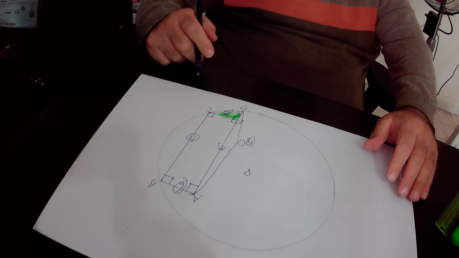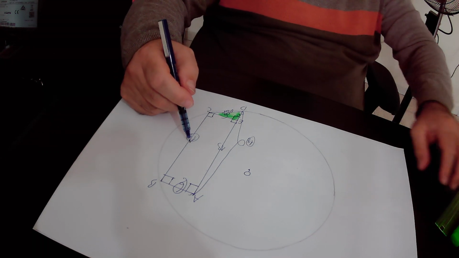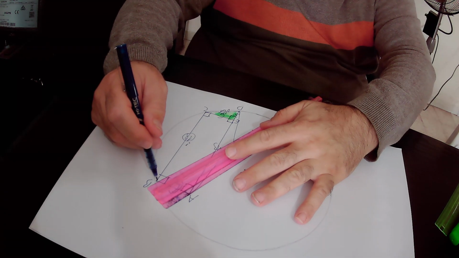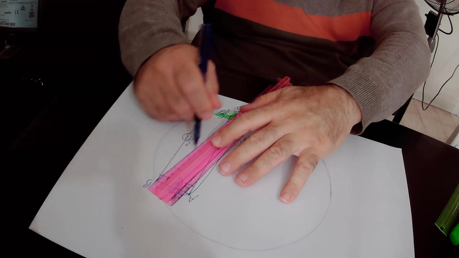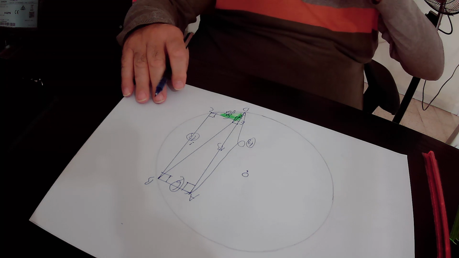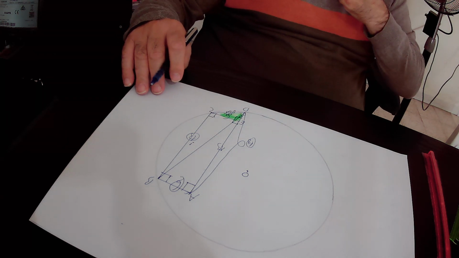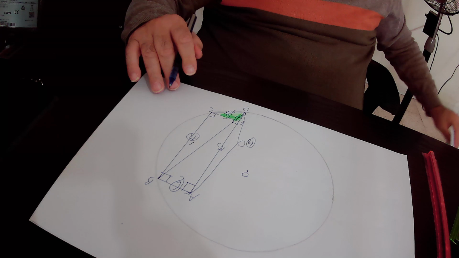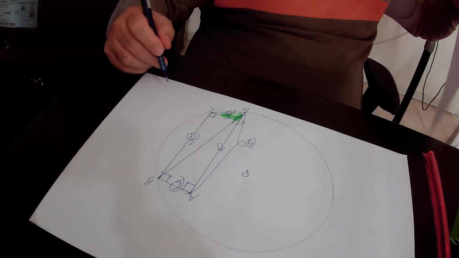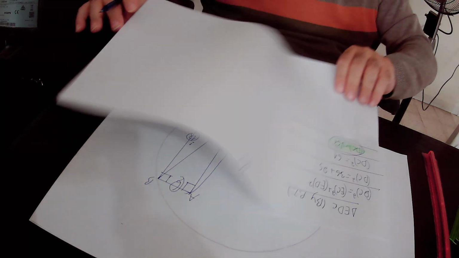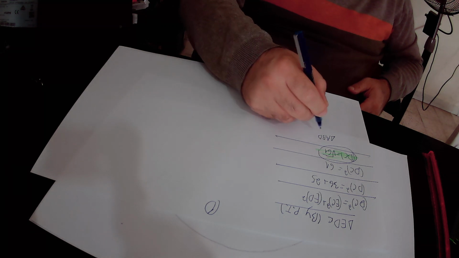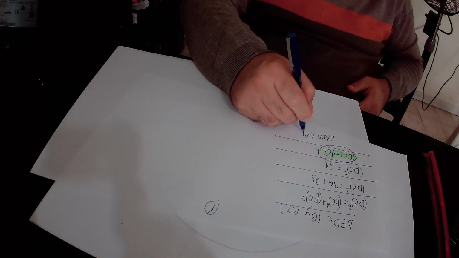In the next step, we join points B and D together by a straight line. By joining points B and D, we created the right triangle ABD. In the right triangle ABD, we implement the Pythagoras theorem. PT is an abbreviation for Pythagoras theorem.